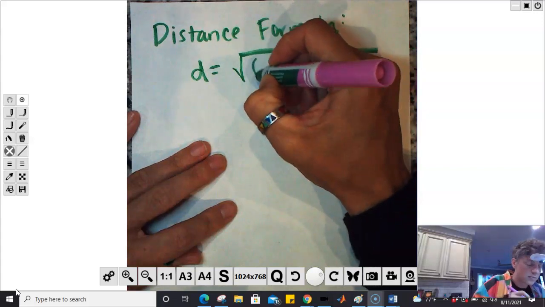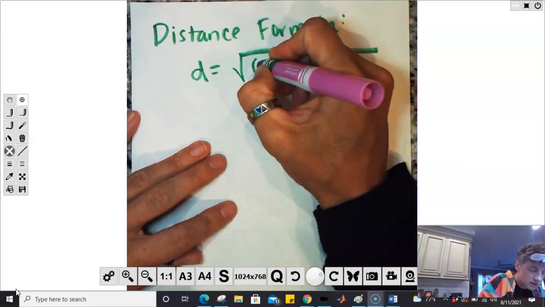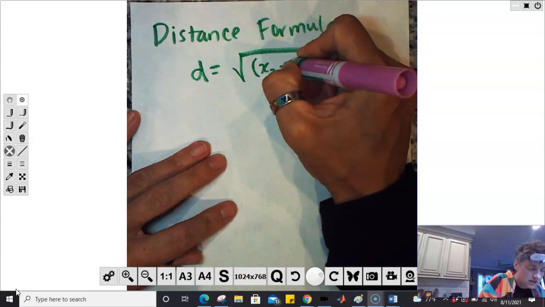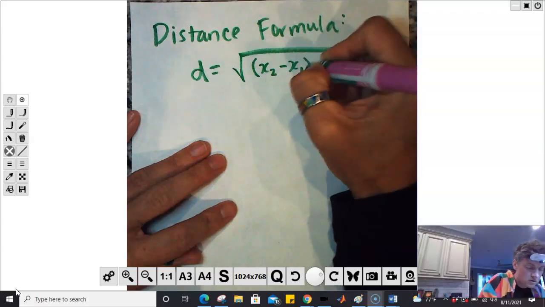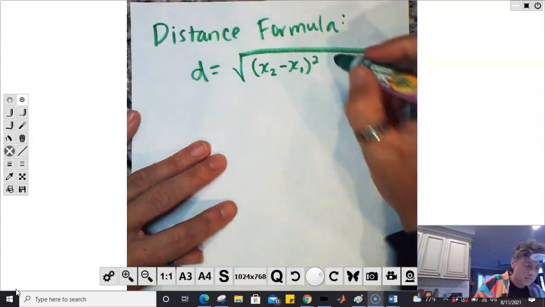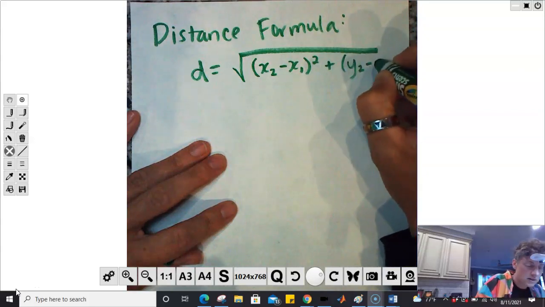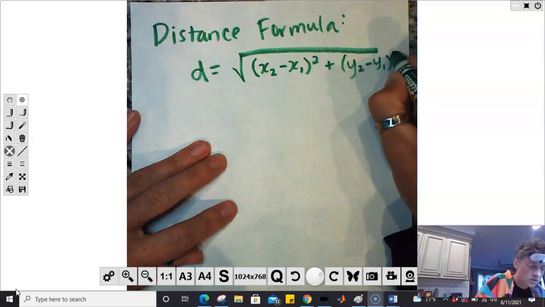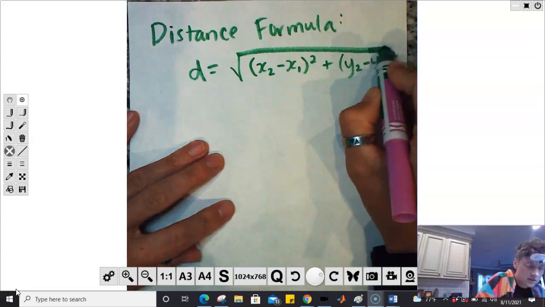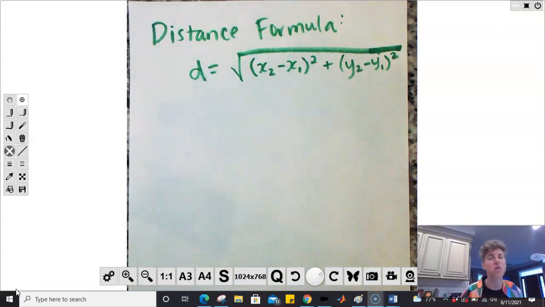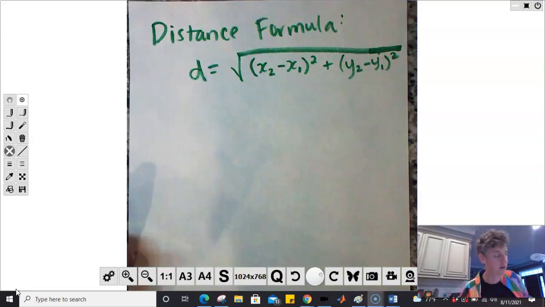We're going to do parentheses x2 minus x1 squared plus parentheses y2 minus y1 squared. I didn't even make it long enough. There we go, because we're going to square root the whole thing at the very, very end.